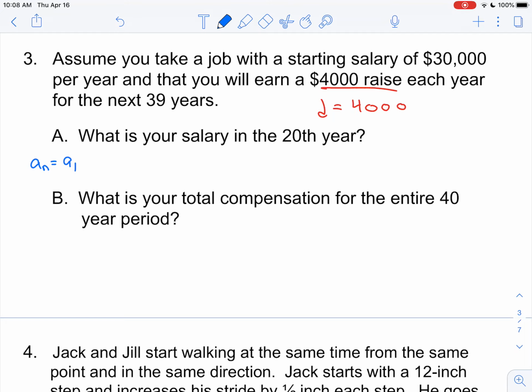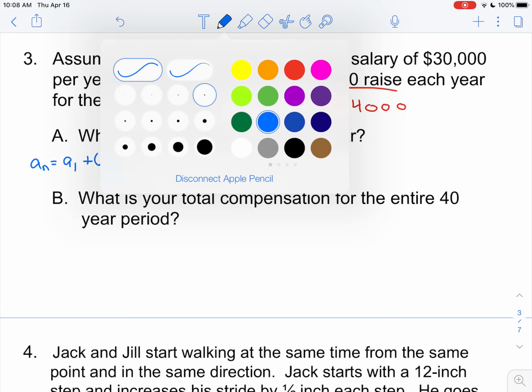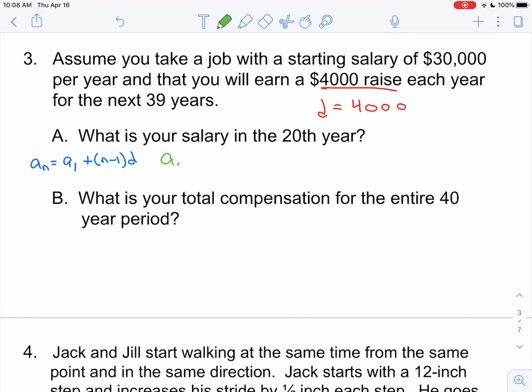So you have this formula, first term plus n minus 1 times d. We want the 20th term. And so that's going to be first term, $30,000, just like the last problem, plus 20 minus 1, which is 19, times the d, which is an extra 4,000 every year.